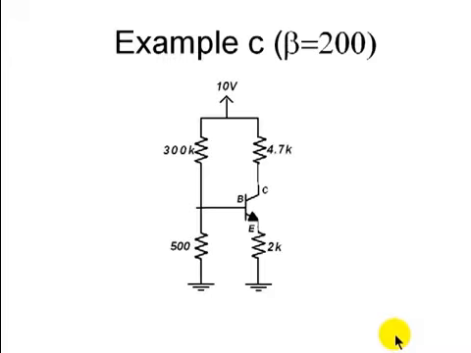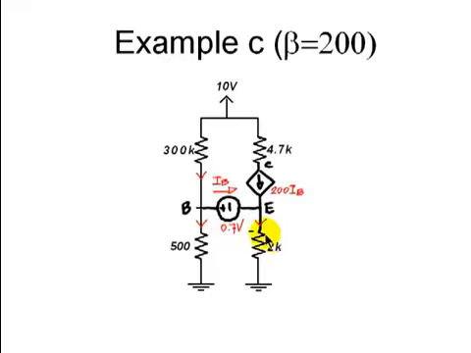The first thing we do with this is replace the transistor by its linear mode of operation equivalent circuit, like so. In there I have identified the base, the emitter, the collector, the current amplification factor, beta, 200 IB, and the base current IB, 0.7 volts.